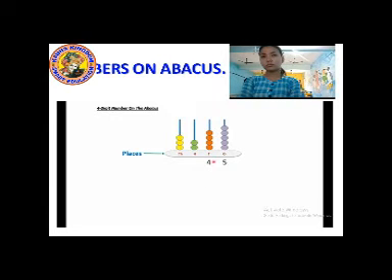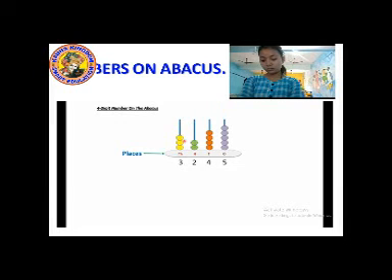Now go to the next place, that is hundreds place. In hundreds place we have 2 beads. So write 2 below hundreds place. Now go to the next place, that is thousands. In thousands place, how many beads are there? 1, 2, 3. 3 beads are there. So write 3 below thousands place.